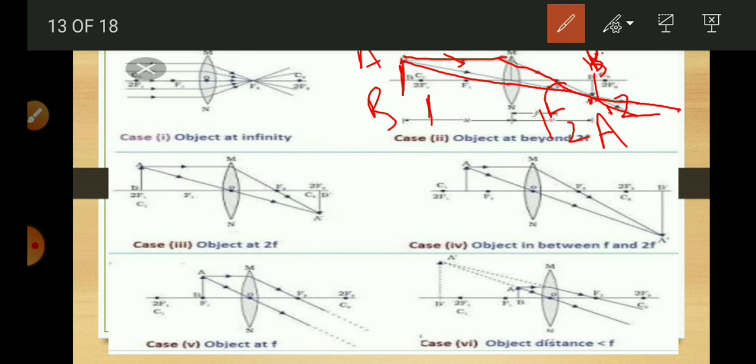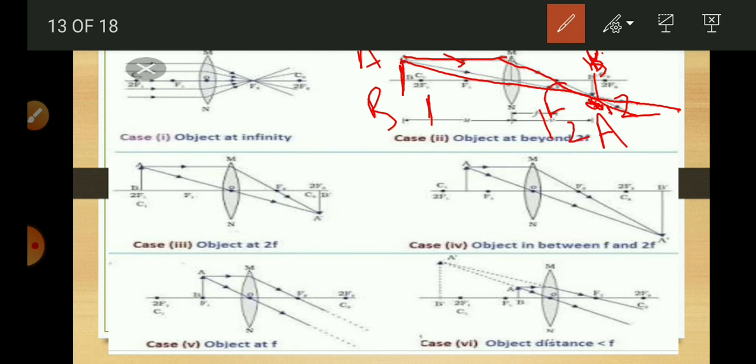Now see, for this case the properties of the image are: the image is real and inverted because we obtained A dash here. Why is it real and inverted? Because after refraction the refracted rays actually intersect with each other. So it is a real, inverted image.